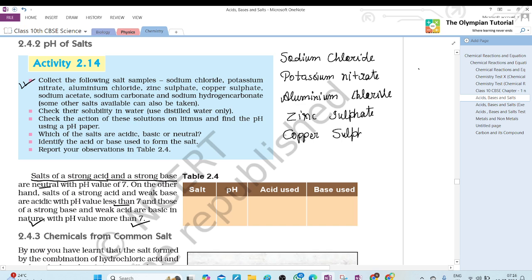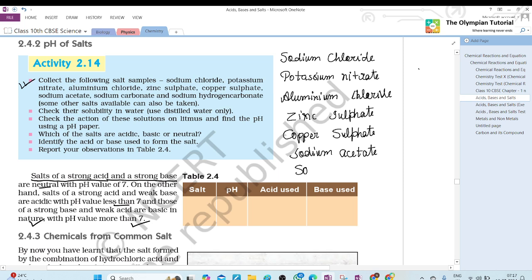Ma'am, if the pH level is less than 7, then they are acidic. If the pH is more than 7, they are basic, and if it is exactly 7, then it is neutral. Very good, Tanya. Ayukta, if the pH level is less than 7, then it will be acidic.